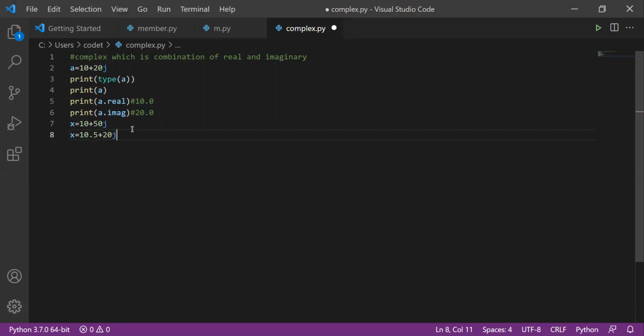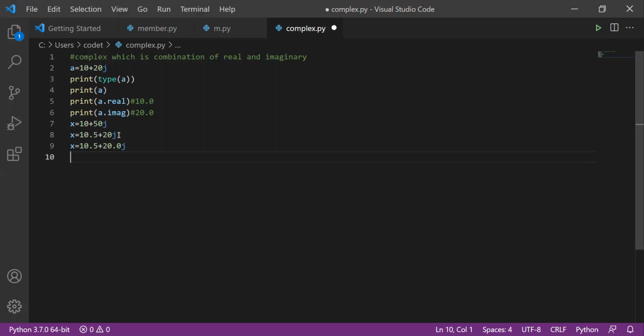The first one has both parts as integers. This one is a decimal and integer combination. The third one, I'm creating with both in decimal form, 10.5 plus 20.0j. You got my point?